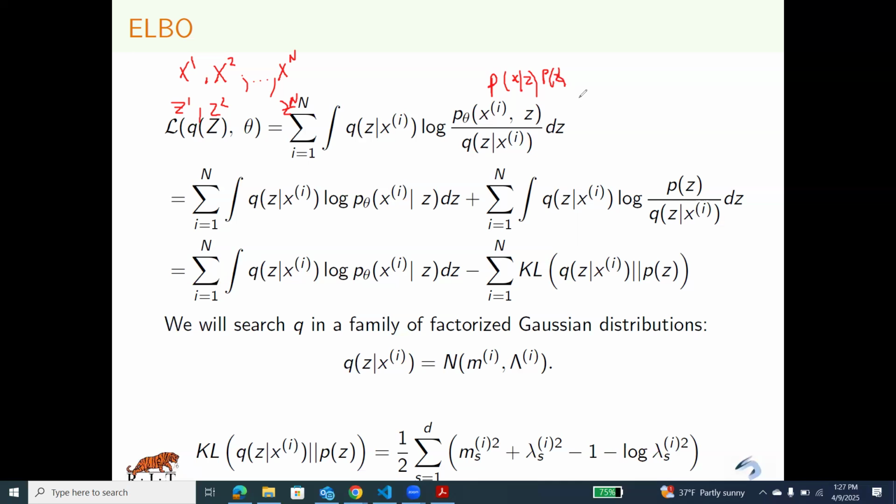Factorized Gaussian family distribution means that instead of this expression, we will have the product of one-dimensional exponents. First component squared times 1 over 2 lambda to the second component squared, and so on.